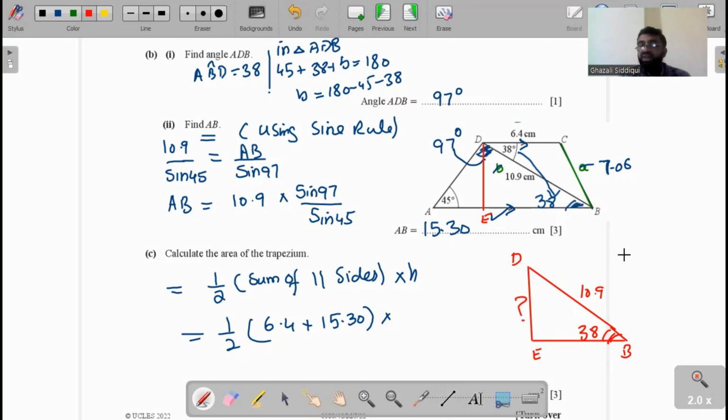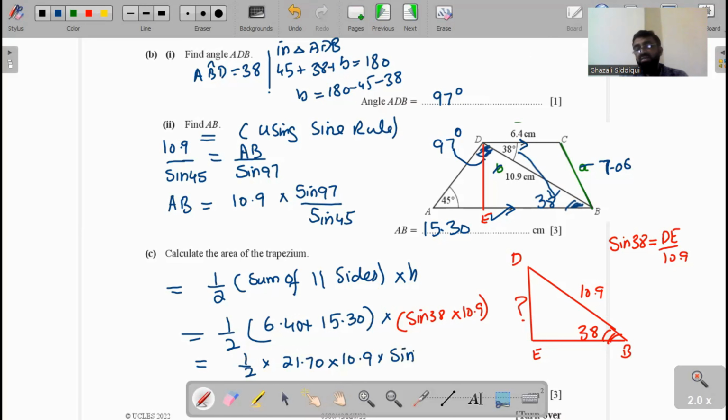Now opposite over hypotenuse: sine 38 is equal to DE over 10.9. Then DE, the height H, will be equal to sine 38 multiply 10.9. Now 1 over 2 multiply by 6.4 plus 15.30, that's 21.70, multiply 10.9 multiply sine 38.